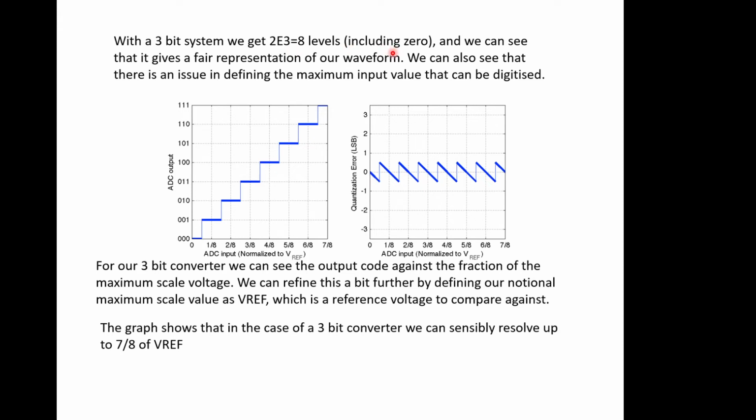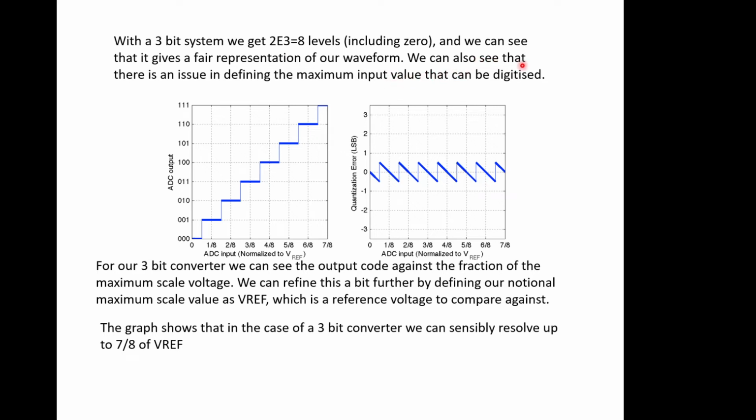And on the previous slide we saw that gave what we could argue is a fair representation of our waveform. In fact, it's higher resolution than video systems, but I think video systems is usually 6 bits now, at least. So that's not true.